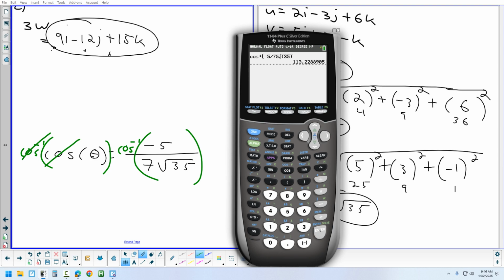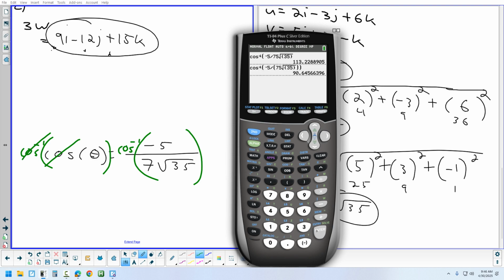What you need to make sure is you put the denominator in parentheses. Okay? And I'll do this with just the 7 in a second. But I want to show you, by putting it in parentheses, you do get a completely different answer. All right? It's not even close to being the same.